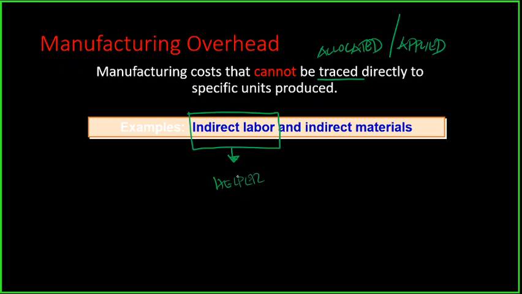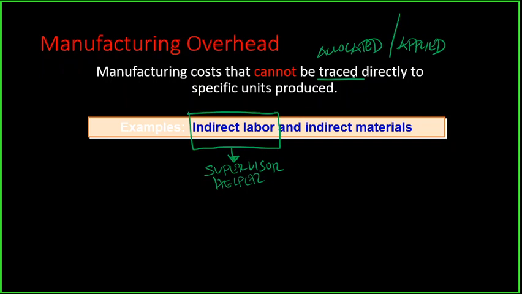Those who just hand things over, or clean, in our plant. Or what else? Indirect labor. Your supervisor, and the cost of the supervisor will be classified as indirect labor cost.